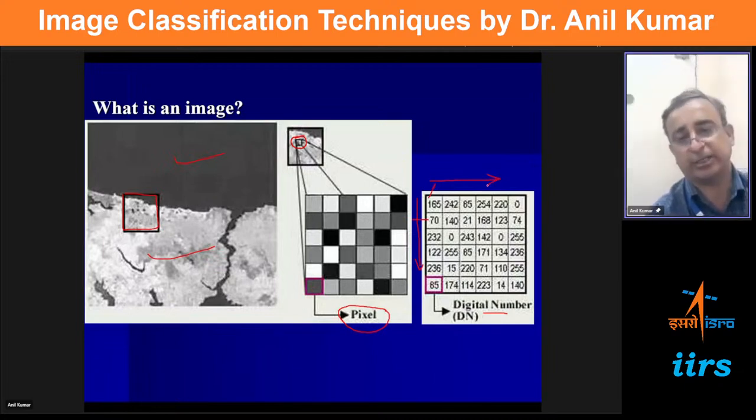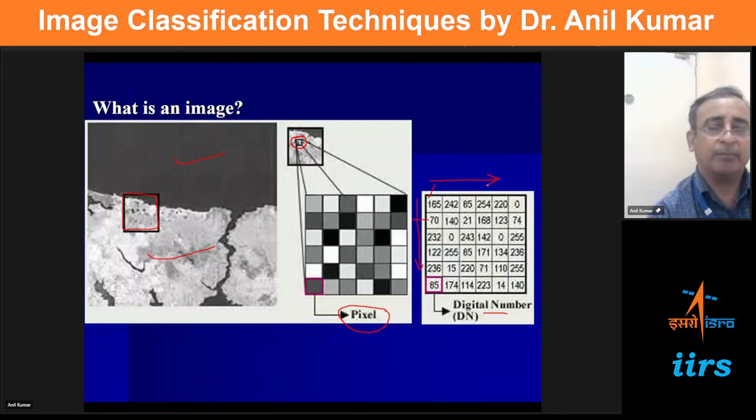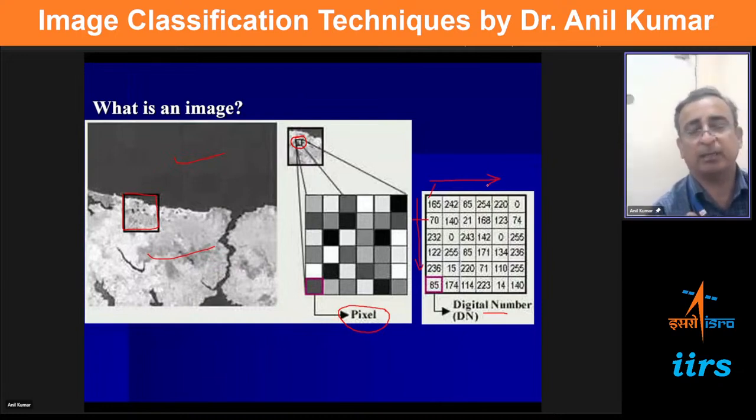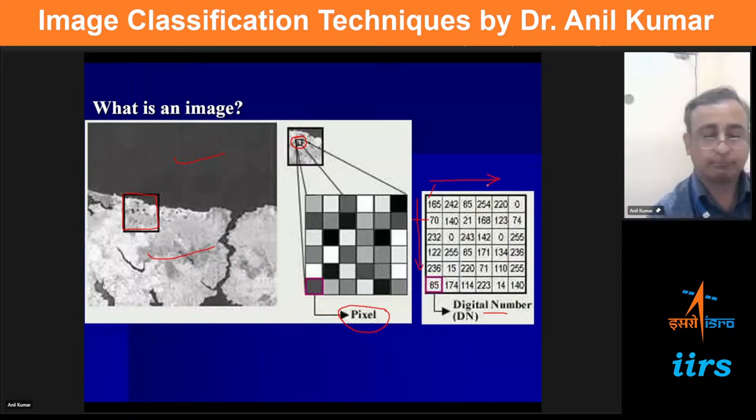So the image definition changes when you are doing image processing. When you are doing image processing, the definition of an image will be numbers arranged in the form of rows and columns. If you have a multispectral image, which has a large number of bands, or a hyperspectral image, which has even more bands, then in that case, with this definition of rows and columns with numbers, you will have multiple arrays.